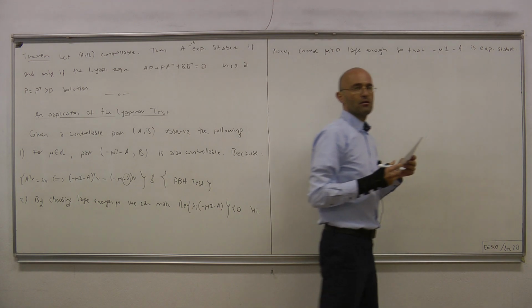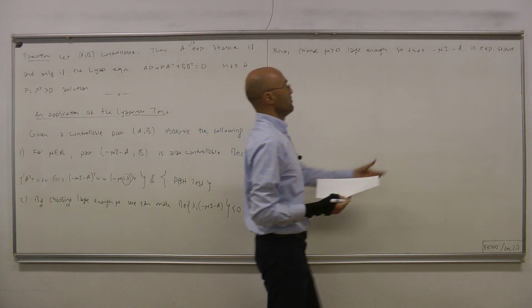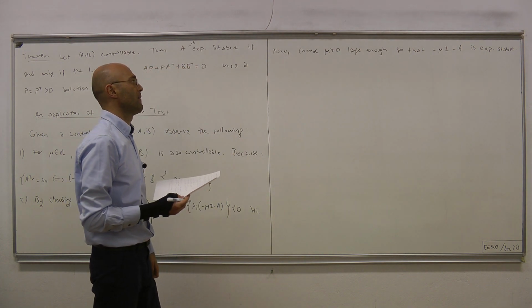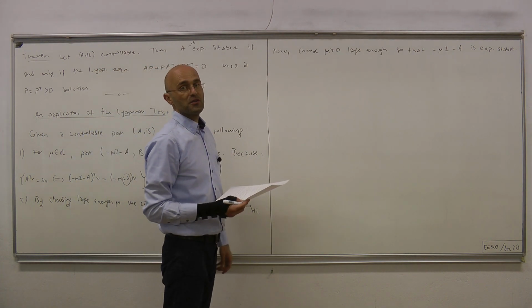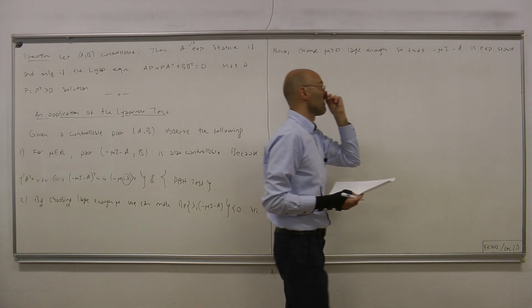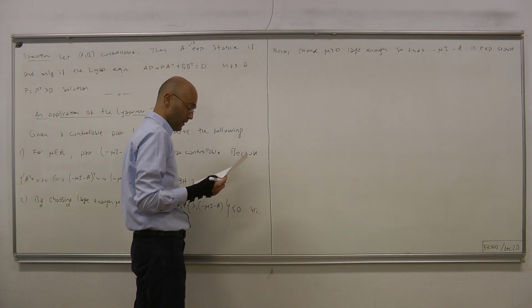In other words, this matrix has eigenvalues that are all with negative real parts. Such a matrix is also sometimes called Hurwitz. So that matrix is Hurwitz.